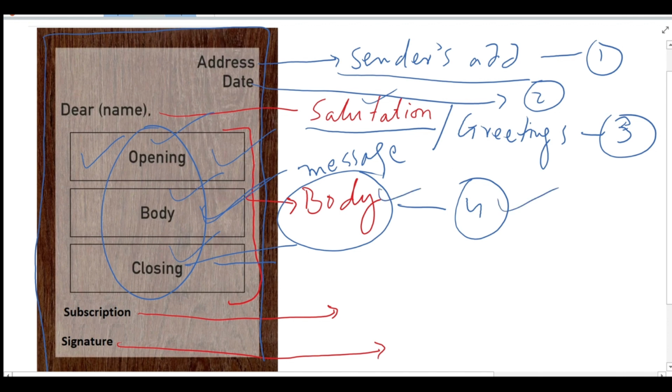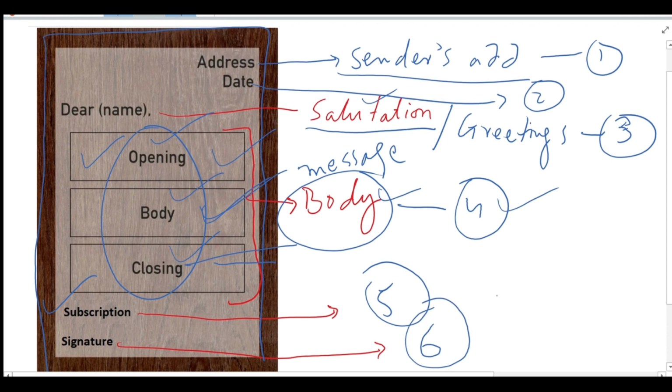Fifth part is called the subscription. Now in the subscription, you have to mention words like your friend, your best friend, your son, your father, like that. So this is some kind of subscription. At the end, we have the sixth part, which is called the signature.